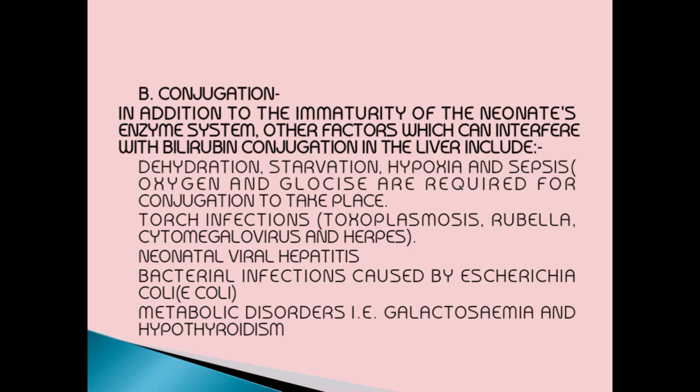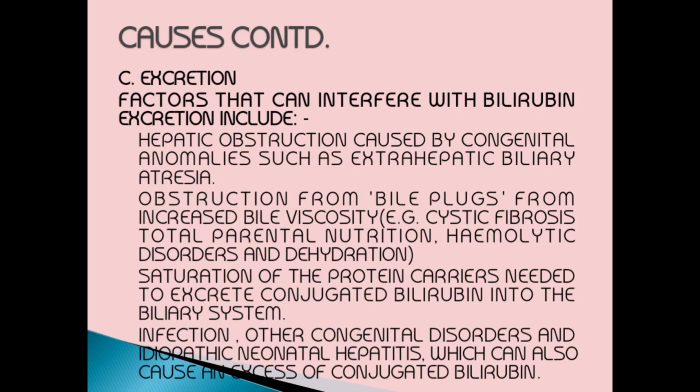It is very important to understand the causes, because they are broad. We started with excessive hemolysis, and from there we outlined the things that may increase red blood cell production. We talked about conjugation and the factors that affect it. Hence, these can cause jaundice.